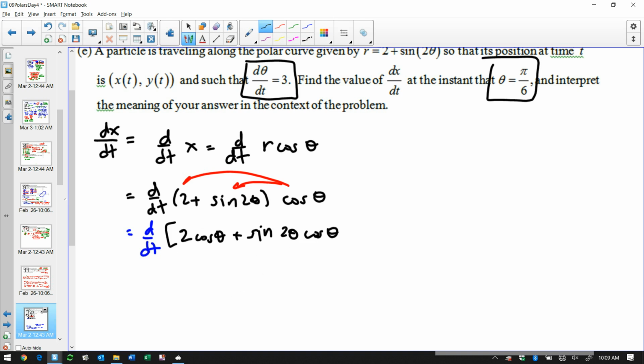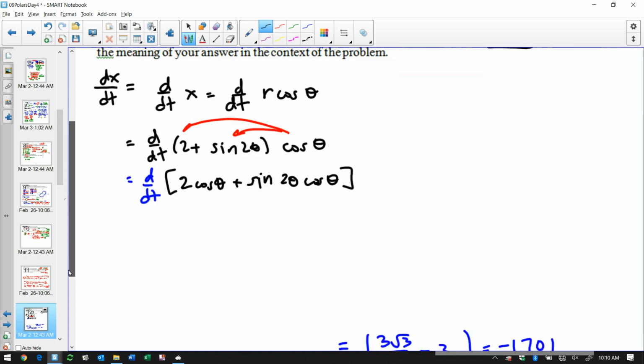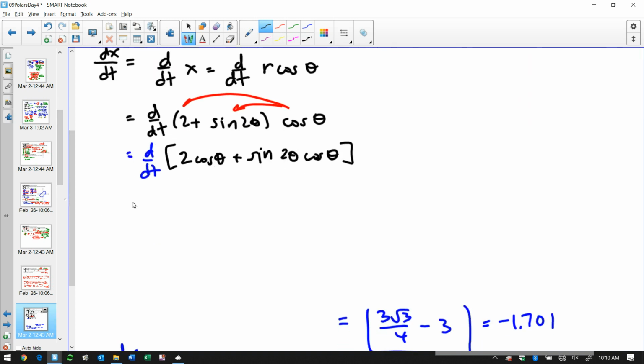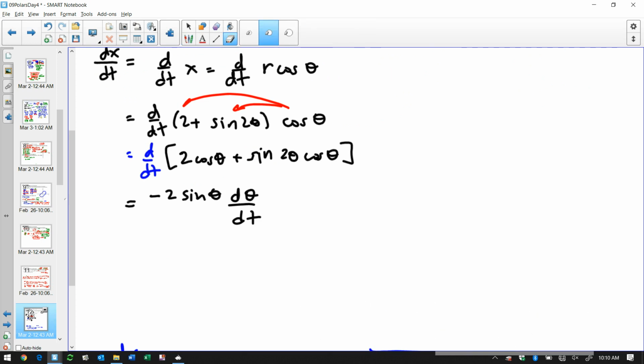I'm taking the derivative of this whole thing with respect to t, and this has θ in it. Whoa, that's going to be kind of funky. So what's the derivative of 2 cos θ with respect to t? That's going to be negative 2 sin θ dθ/dt, right?